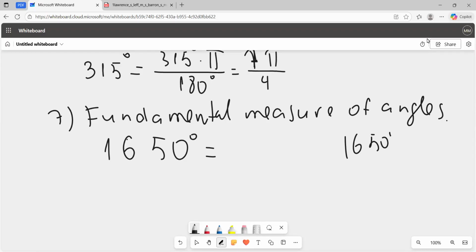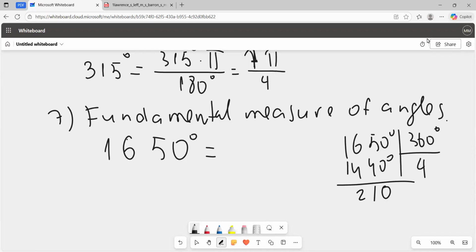We must divide it by 360 degrees, which is equal to 4, and the remainder is 210. Since the remainder is 210, the fundamental measure of this angle is equal to 210.